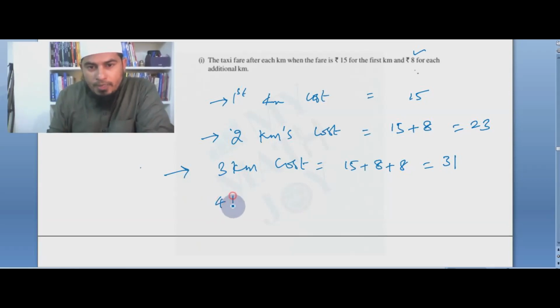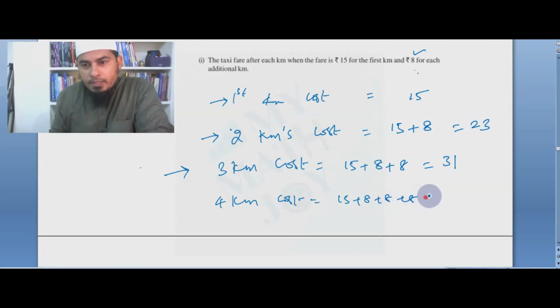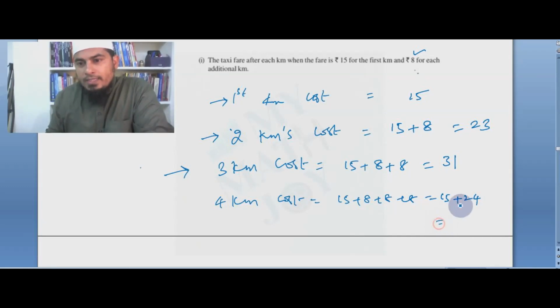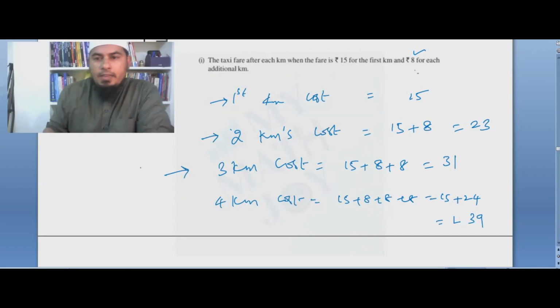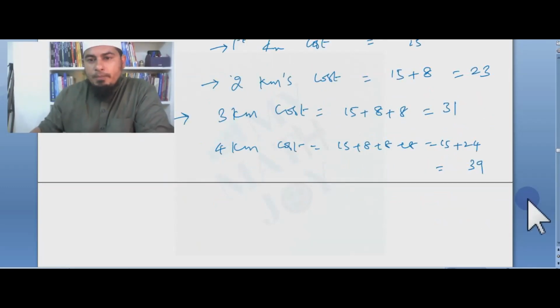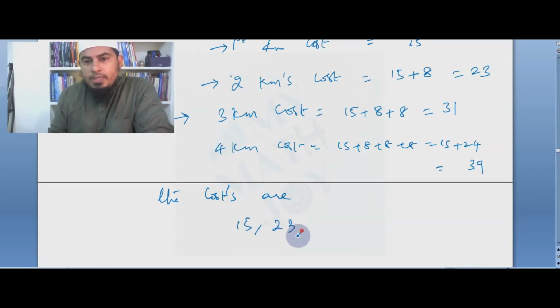So 4 kilometers will cost 15 plus 8 plus 8 plus 8, which is 15 plus 24, that is 39. So if you see, you got a series of numbers. The costs are firstly 15, then 23, then 31, then 39, and so on.